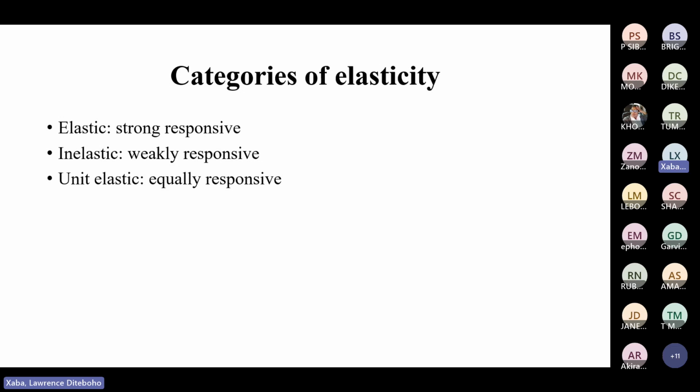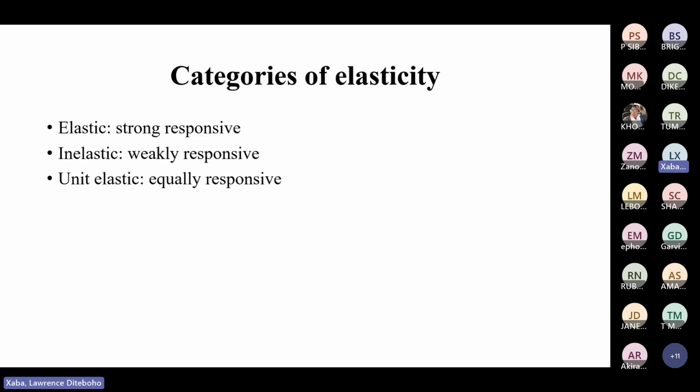Where we said elastic, the strong response, the change in demand is more than the change in price. Inelastic, we are saying, is weak response. What does that weak response mean? It means the change in quantity demanded is less than the change in price.